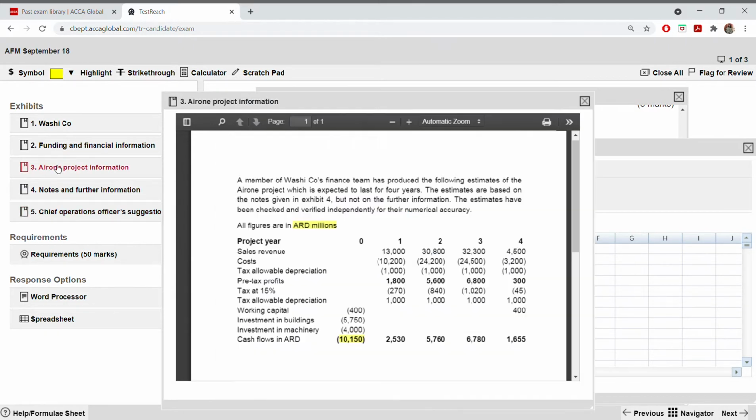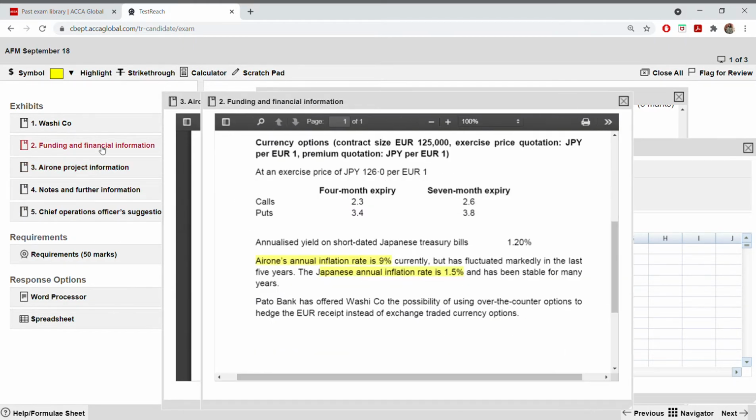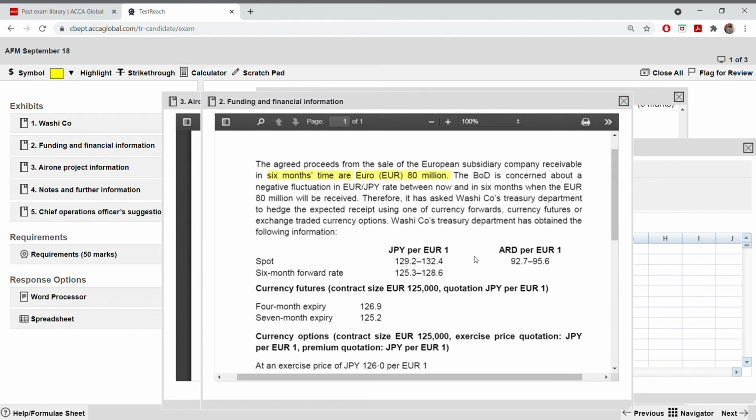For that you have to go to this one, not this, and see for the forward. Six month forward, you are taking 125.3 or 128.6. This is euro, and the base currency is also, let me highlight it, in euro. You are receiving euro, so that means you are selling the foreign currency to get Japanese yen. You are selling euro at a lower rate, so you will go by 125.3.